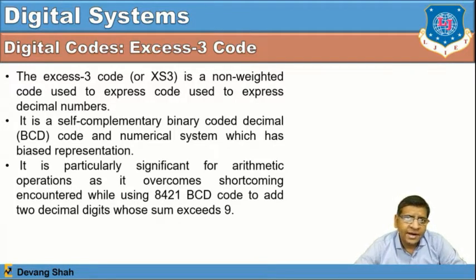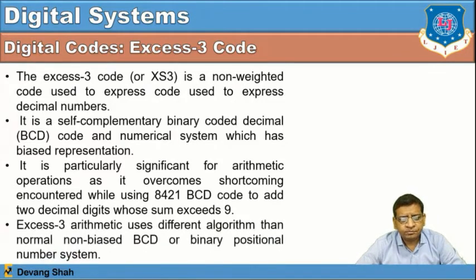Once you write 8421, it's nothing but 2 raised to 0, 2 raised to 1, 2 raised to 2, 2 raised to 3, from LSB to MSB. So 8421 is the sequence for BCD, and here you have to add plus 3 in this particular sequence, like 0011. With each digit, if you add 3, it must be converted from BCD to excess 3, right?